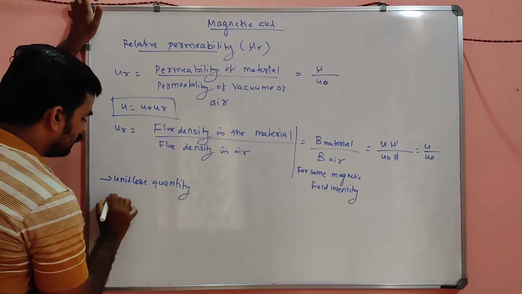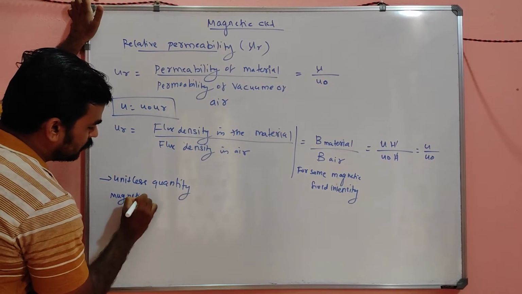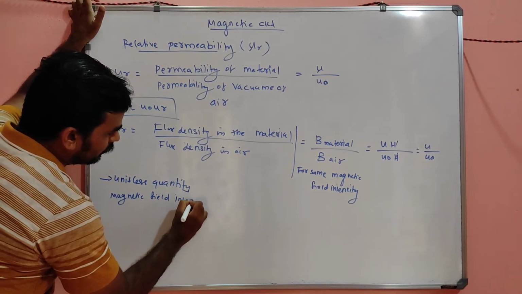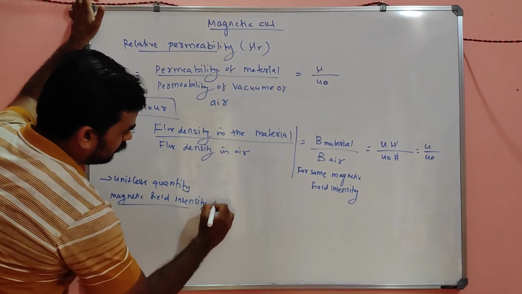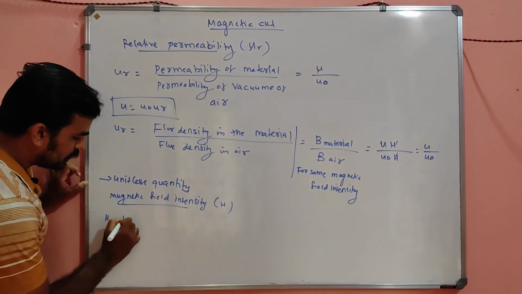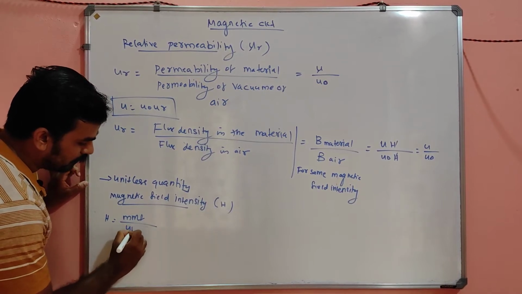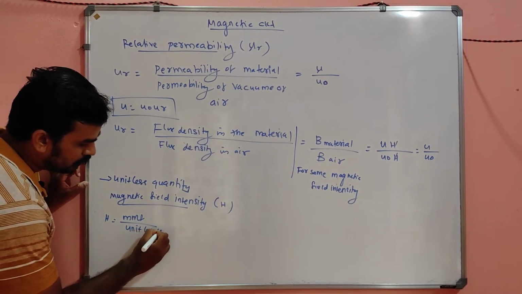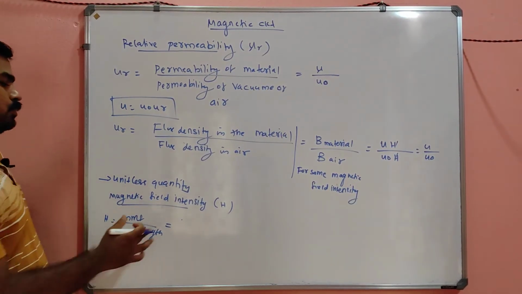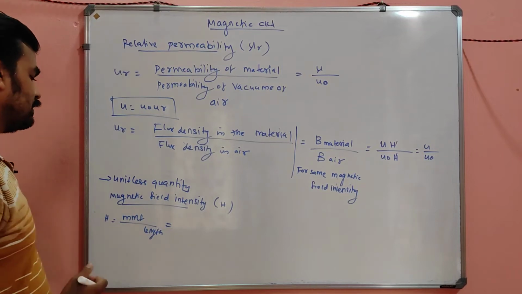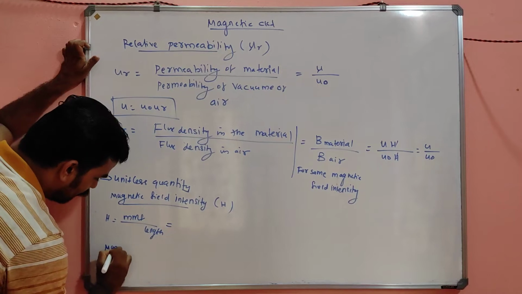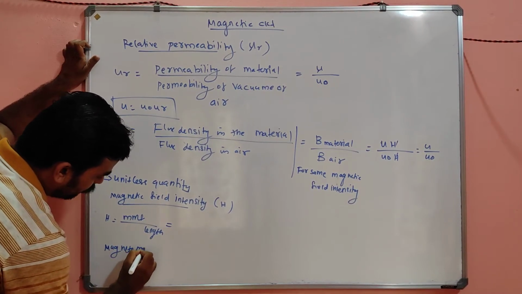Next, magnetic field density, represented by the letter H. H is nothing but mmf per unit length. So you have to know the term mmf, magneto-motive force.